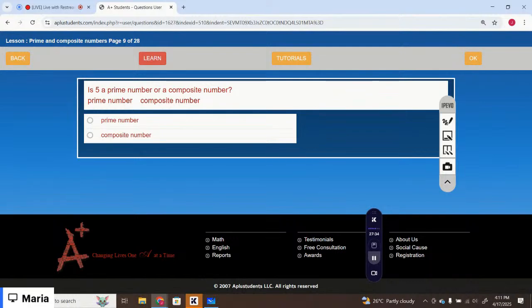Is 5 a prime number or a composite number? Sorry, 5 is the prime number. Okay, you can complete the lesson by yourself later today. Let me move on to the next lesson.